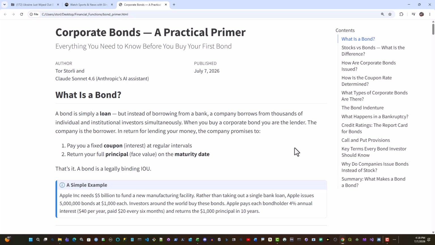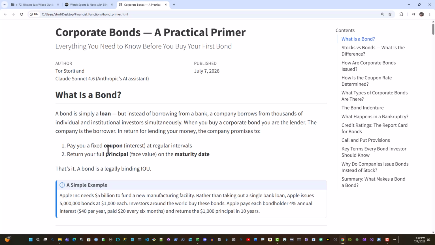In return, what do you expect? Well, you're lending them money, so you expect some kind of return. In a bond issue, you're looking for something called a coupon or stated interest rate, sometimes also called a nominal rate. That is a fixed rate that you multiply by the face value of the bond, and that will be the payment they pay on a periodic basis, typically semi-annually.